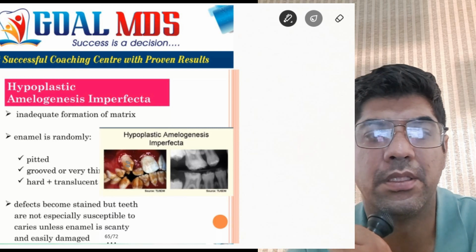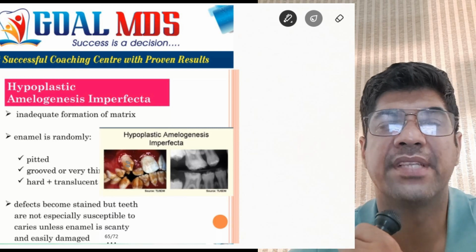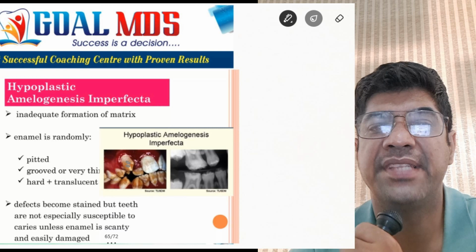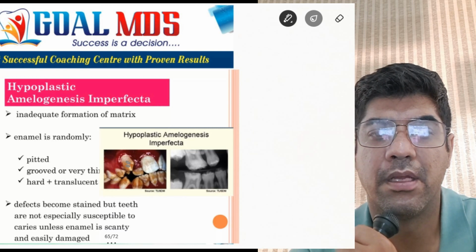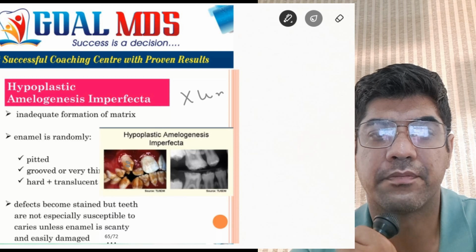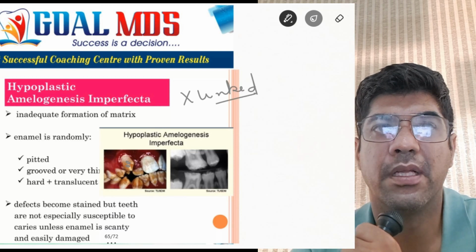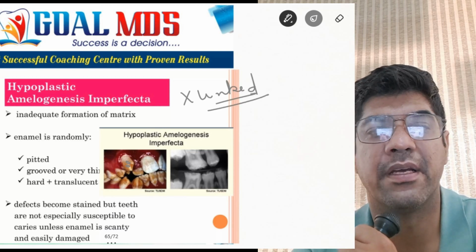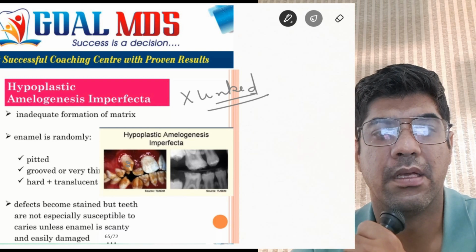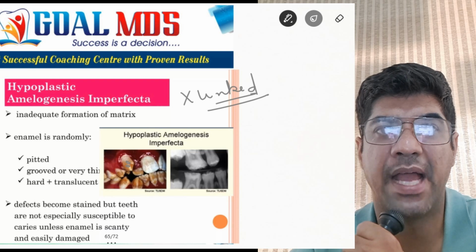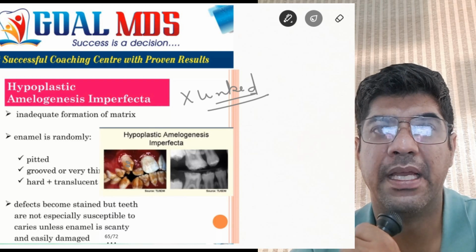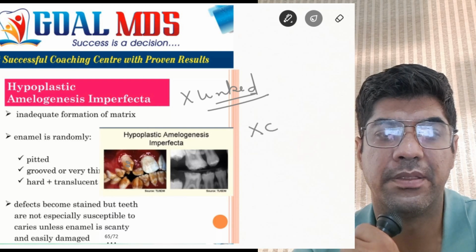with pits, or it has an X-linked pattern. That has a lyonization effect, meaning that one X chromosome is inactive in females.